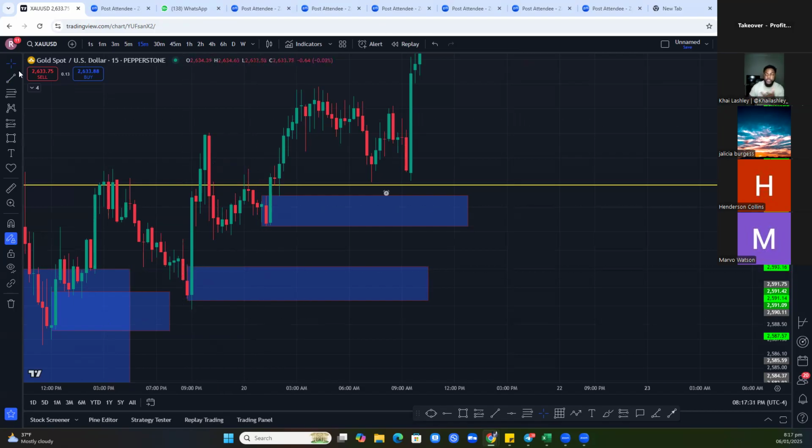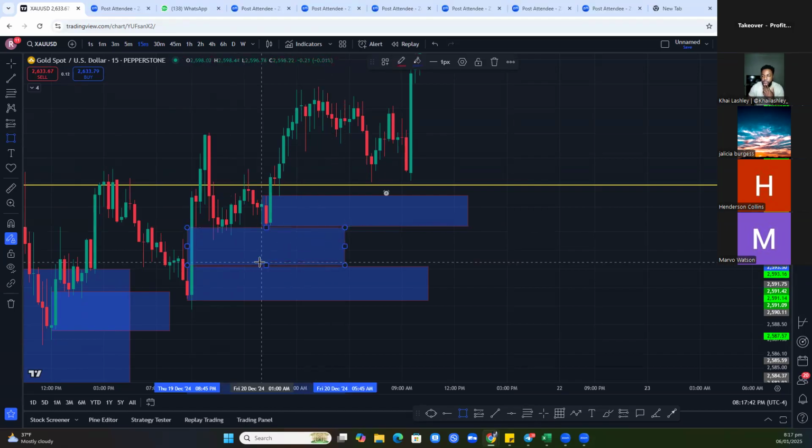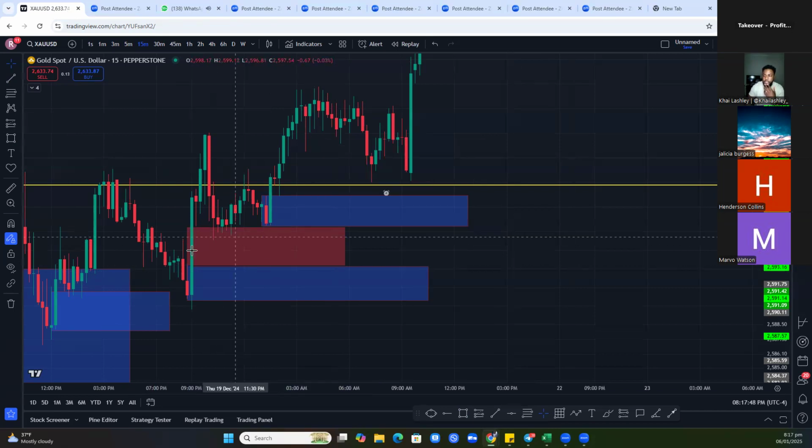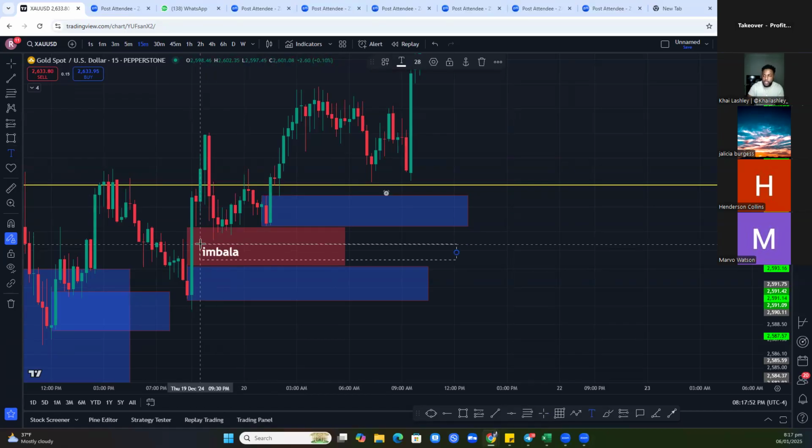In this scenario, I'm going to use the same colors that we were using before so that everything makes sense. Here and here, we see the imbalance that was created. We were using that as red. We were saying this is the imbalance here. Boom, imbalance.